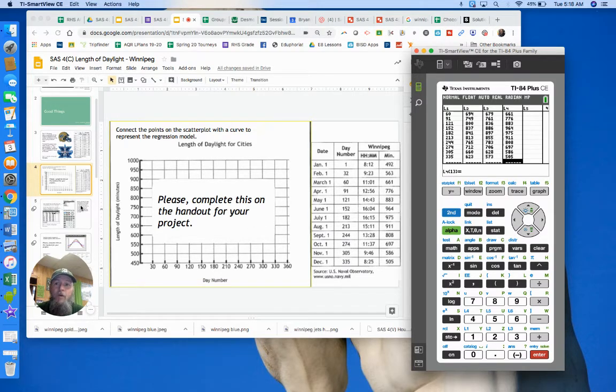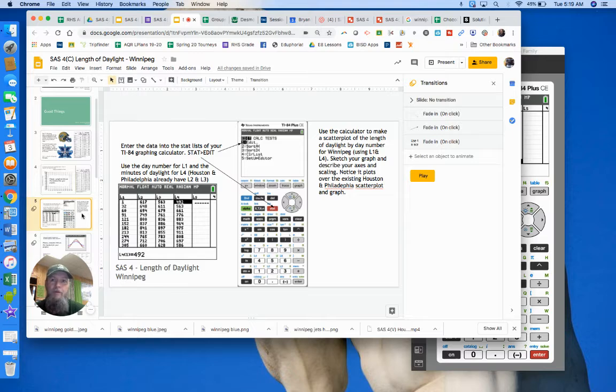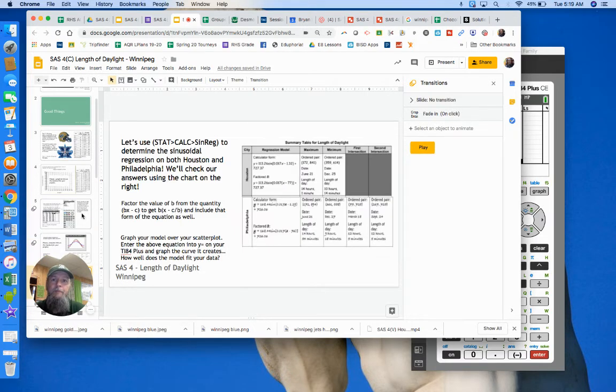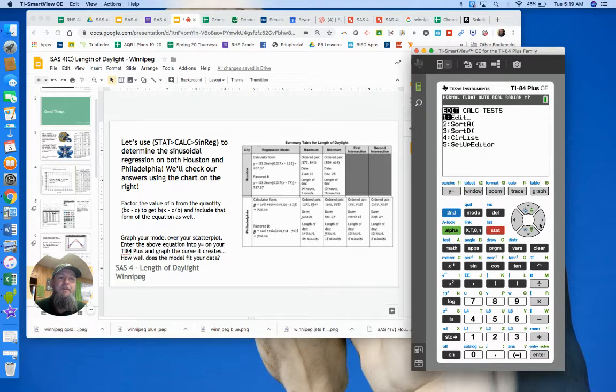In order to do this regression function, we need to pull down to where we're supposed to be, right here. I put Winnipeg in there, but I'm not going to do that. Let's do a regression for Houston, and then we'll do a regression for Philadelphia, and we'll check our work. So I'm going to hit stat, then arrow over to calc.